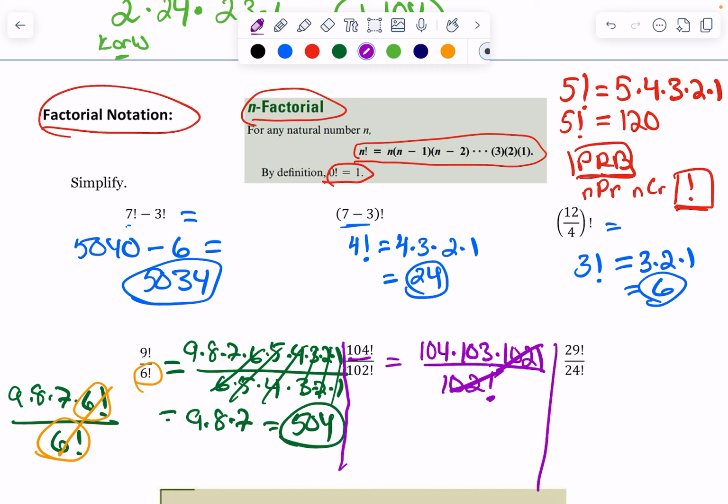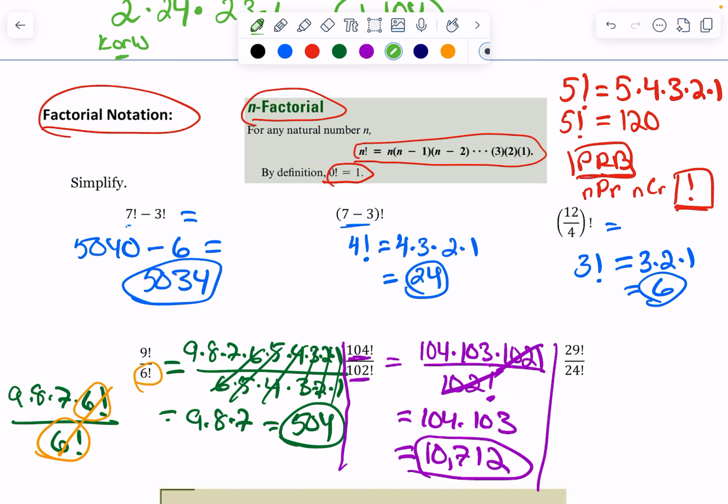Now these cancel out and we end up with just 104 times 103. Plug it in the calculator and we get 10,712. So a little bit easier. Plus, this can cause an overflow with large numbers on the calculator.